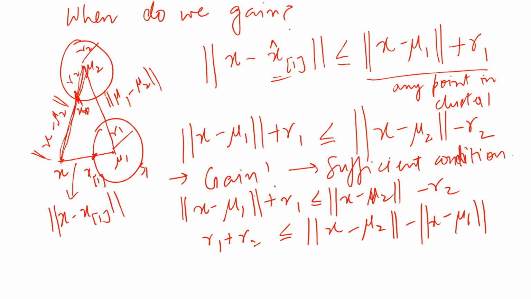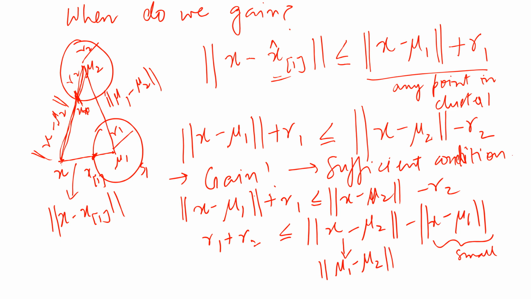Now, if my distance from the center of cluster 1, which is ||x - mu1||, is really, really small, then maybe in certain cases we can say that ||x - mu2|| is almost equal to, or tends to, ||mu1 - mu2||.